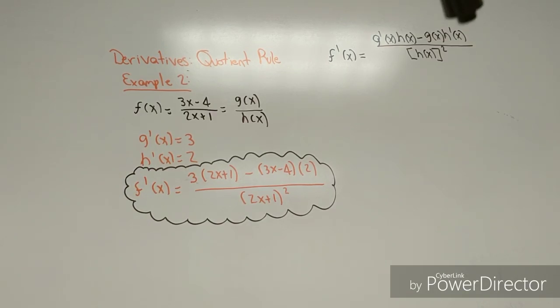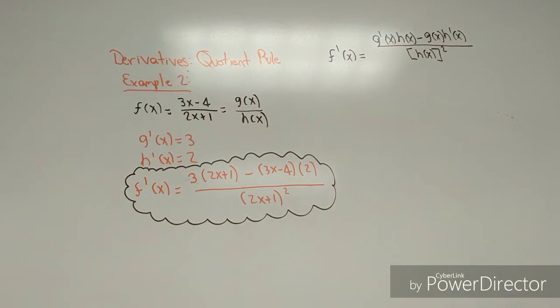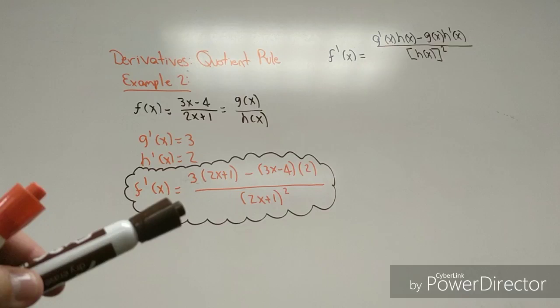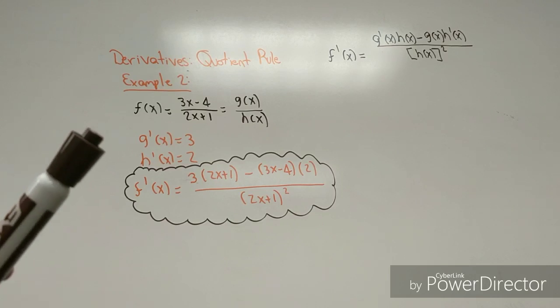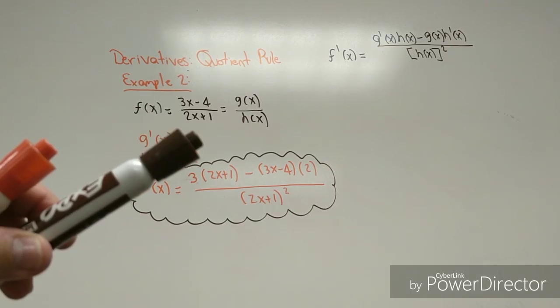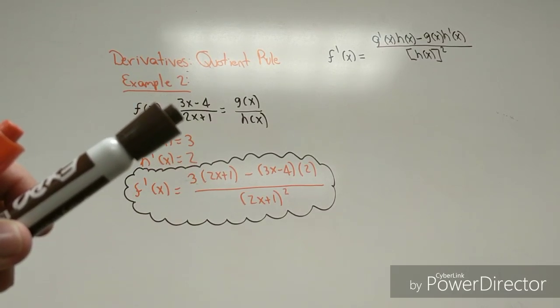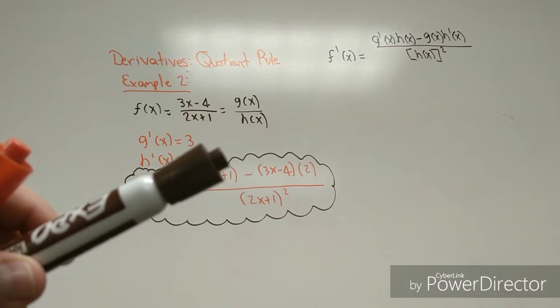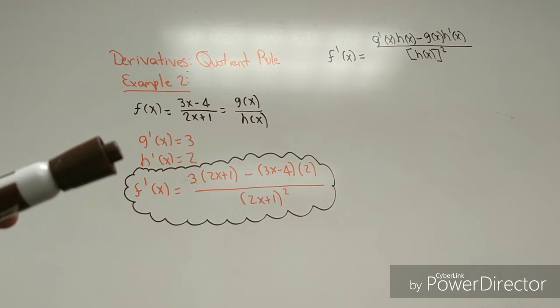So if we use our formula, we would know that the derivative of f, the one that's using the quotient, we would have 3, which is the derivative of g, multiplied times h, which would be 2x plus 1, minus g, which is 3x minus 4, multiplied times the derivative of h, which in this case is 2.